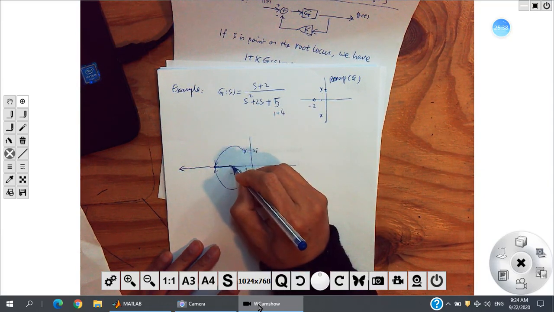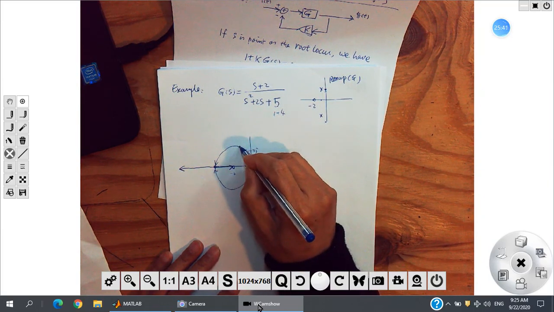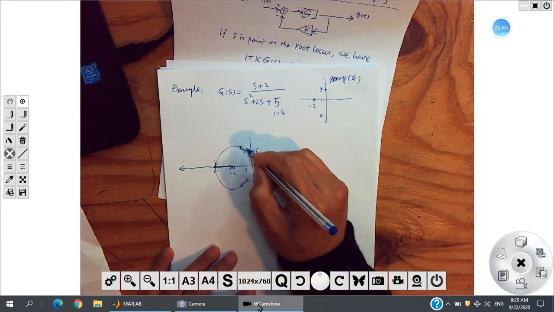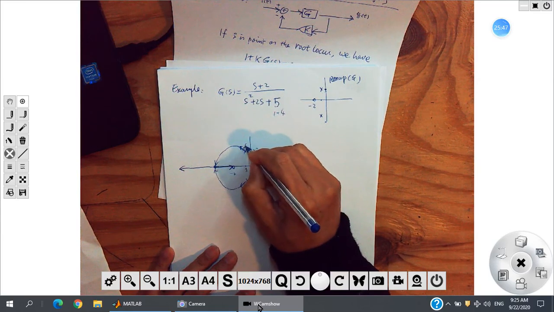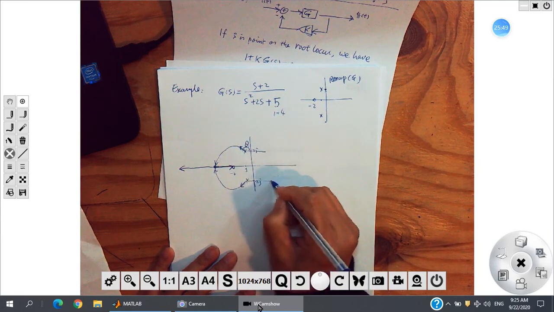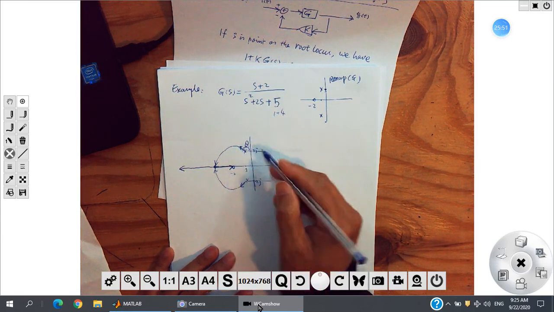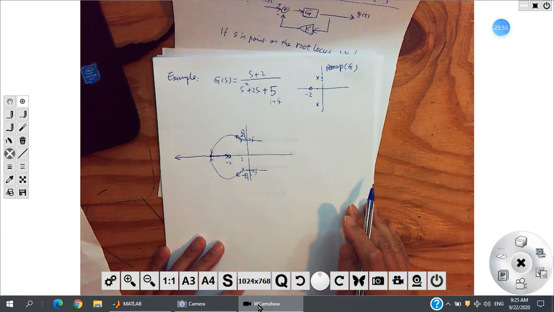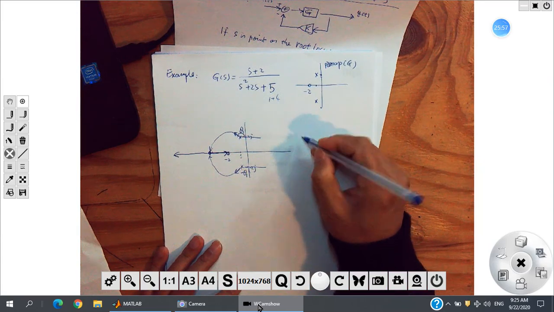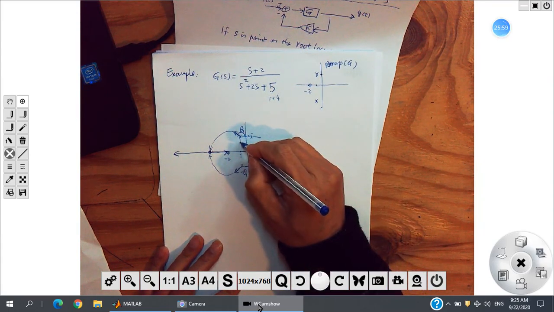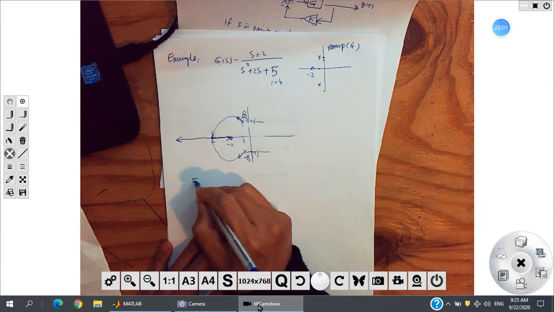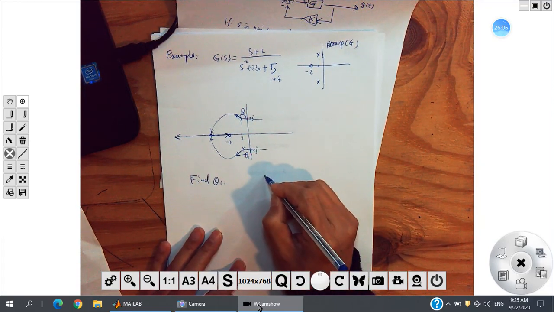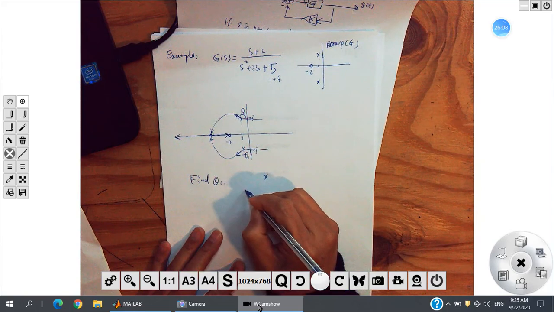Actually, we know this is the break point, and this is the departure direction. Can we know this direction? We can check this one. Suppose this is theta 1, and this is theta 2. Symmetrically, this must be negative theta 1, so we only need to find one. And what is theta 1? It will be the pole here, with a zero here.